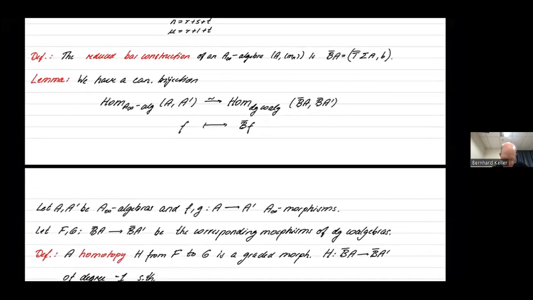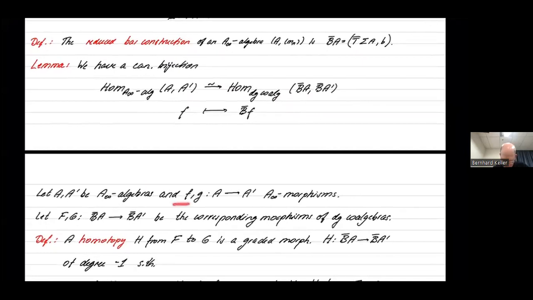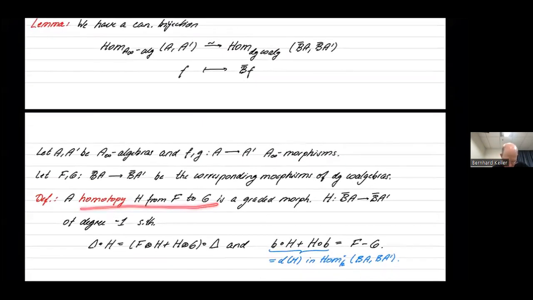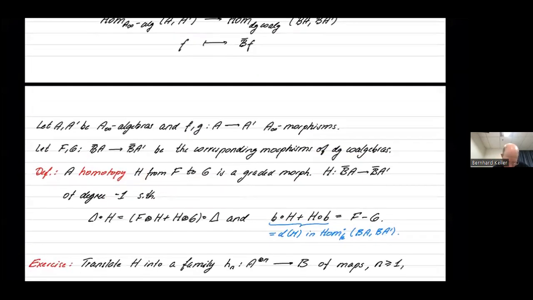Right, and now we can use this bijection to define homotopies. Let's take two A-infinity morphisms between A-infinity algebras. Then we have the corresponding morphisms of DG coalgebras, and we define a homotopy between such morphisms of DG coalgebras to be a graded morphism of degree -1, since it should be a homotopy, which satisfies this co-derivation condition.